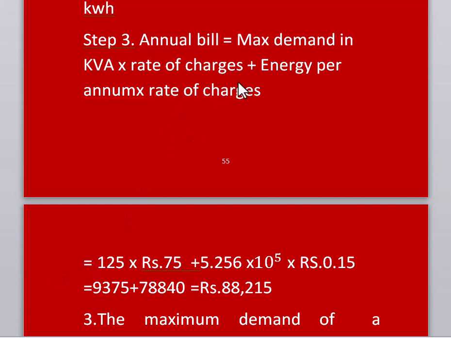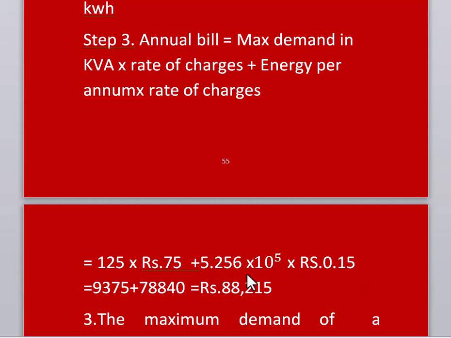So KVA is already calculated, that is 125 KVA, corresponding to maximum demand into the rate of charges or tariff, which is given as 75 rupees per KVA, then plus total energy consumed per annum, that is also calculated as 5.256 into 10 power 5, and the tariff corresponding to the total number of units consumed is given as 15 pice per kilowatt hour. After converting that into rupees we get 0.15 rupees per unit.